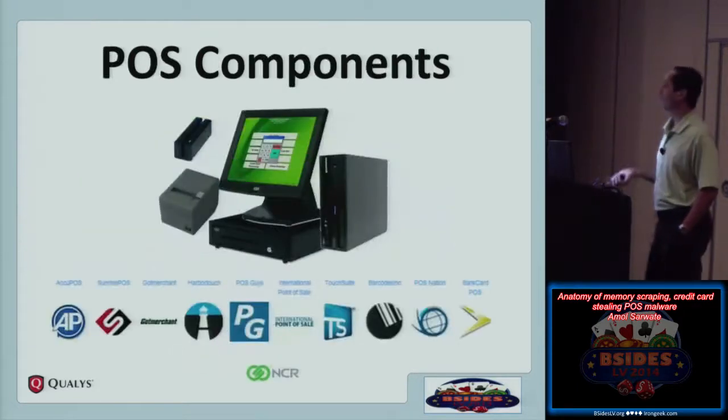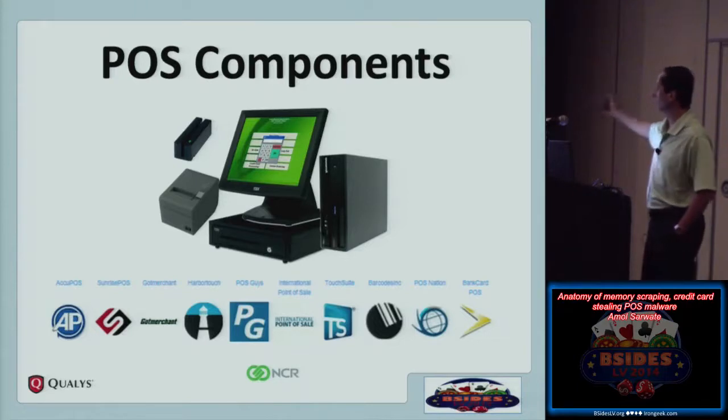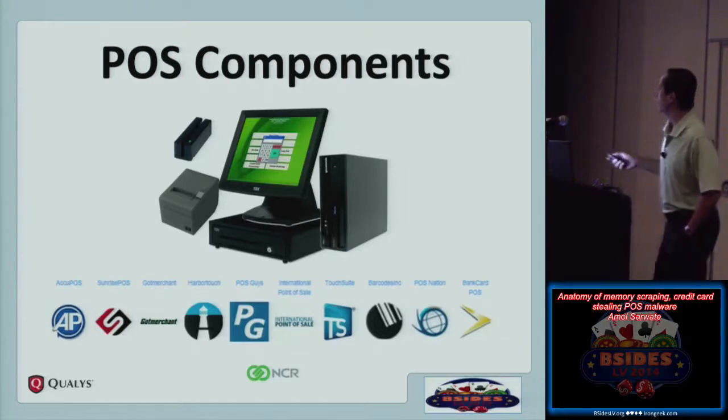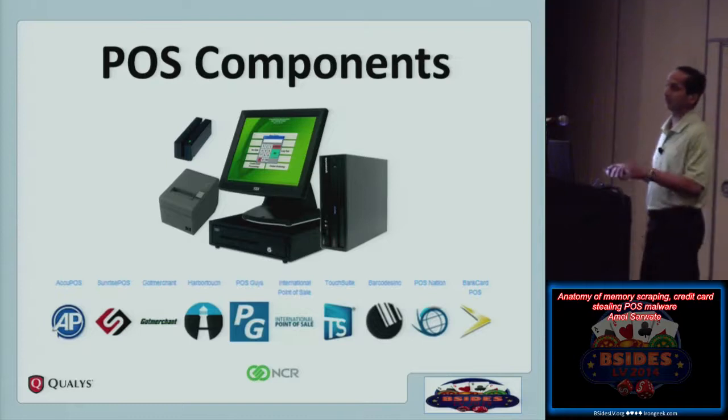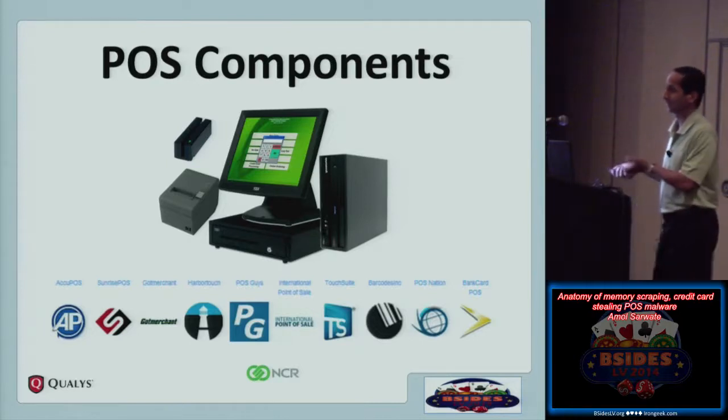This is your typical POS system, a point of sale system. At the bottom are just some of the leading manufacturers. Nothing against any of them, these are all great companies. What a typical POS system consists of is a cash register, which usually comes out to dispense cash, or if you swipe a credit card, they usually store the credit card receipts in it.